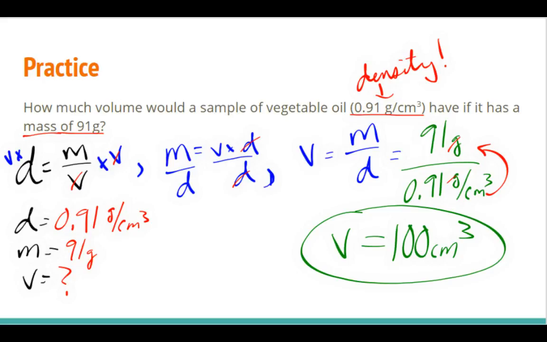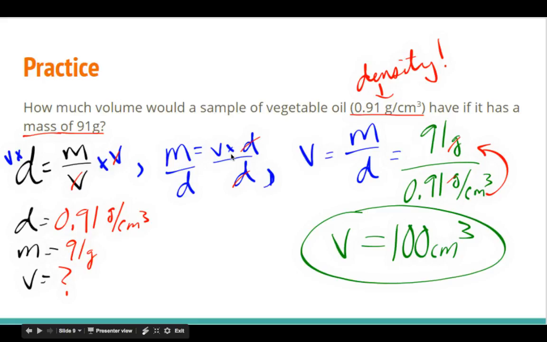And the third example problem is how much volume would a sample of vegetable oil have if it has a mass of 91 grams. So we write down mass is 91. It tells us the density is 0.91. So we put 0.91 grams per centimeter cubed for density. We don't know the volume because we're looking for that. And to do this, we start out the same way we did on the second problem, D equals m over v, and multiply by v on both sides to get m by itself.